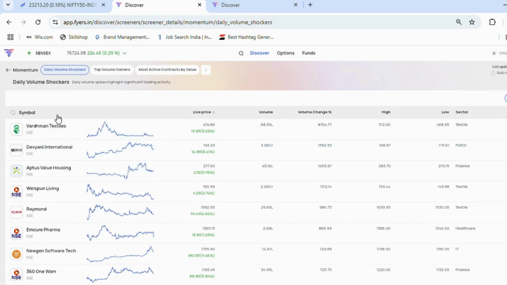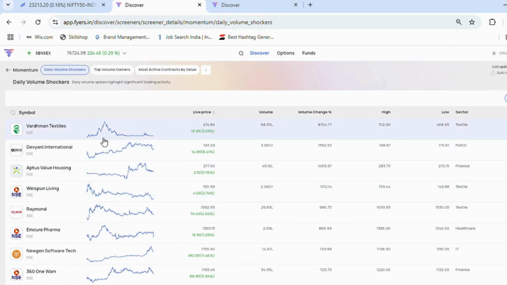So let's go to the daily volume shocker screener. Look for stocks where the current volume is at least double the average daily volume, and prioritize the stocks where the price has increased 2 to 5% alongside the volume shock.